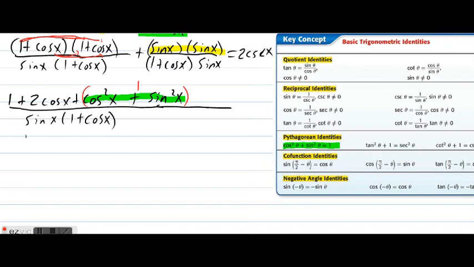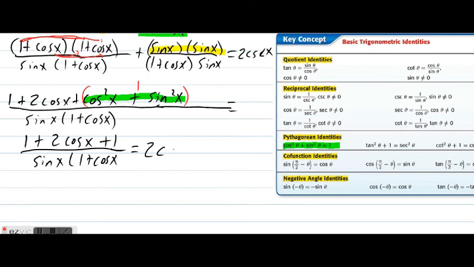Alright, so I'm going to rewrite 1 plus 2 cosine of x plus 1 all over sine of x times 1 plus cosine of x. Keep in mind, I'm trying to make this equal to 2 times the cosecant of x.